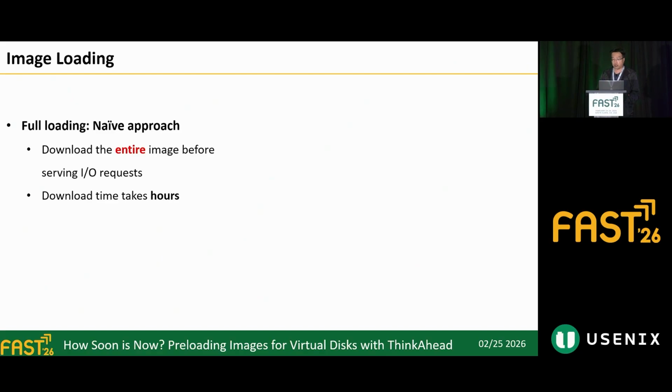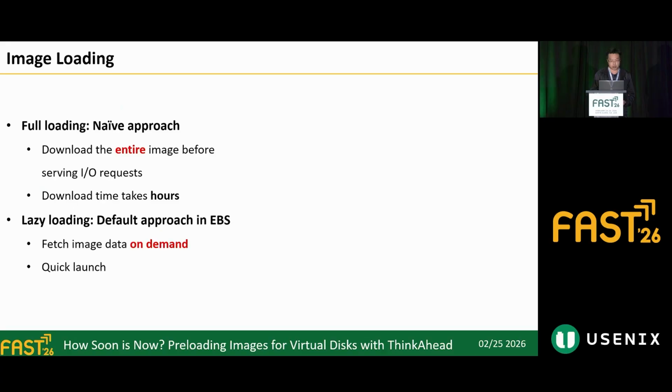But because the virtual disk size is huge, it will usually take hours to download. So the common approach, at least what is being done in Alibaba EBS, is based on lazy loading. Basically, it fetches image data on demand. If you need that block, you will just retrieve this block directly.